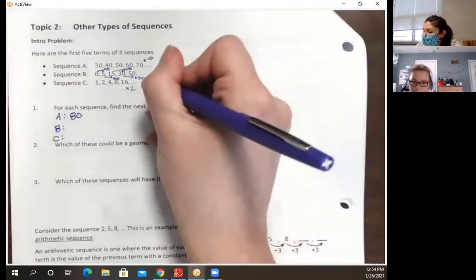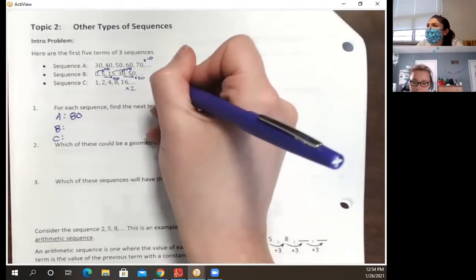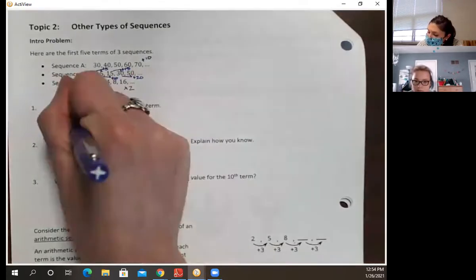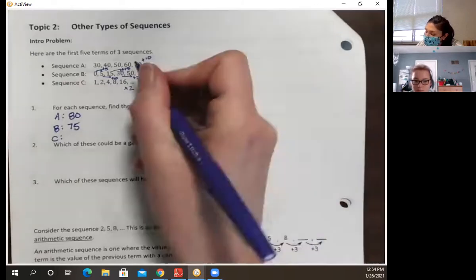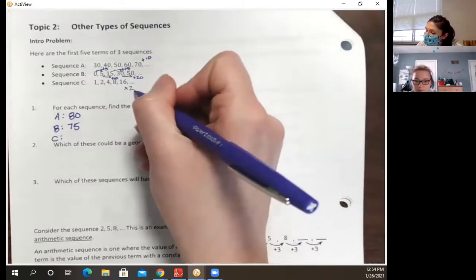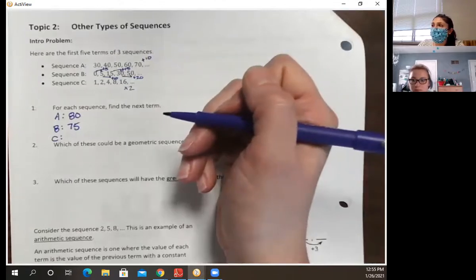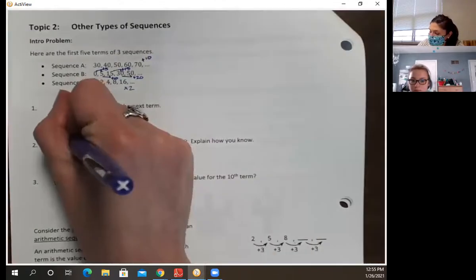So I added 20 the last time. What am I going to add this next time? I'm going to add 25. So 50 plus 25 would be 75. And then for C, we know we multiply by 2 each time. So 16 times 2 would give me 32. Good.